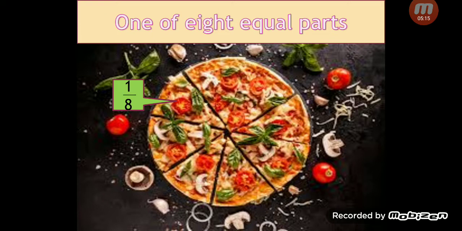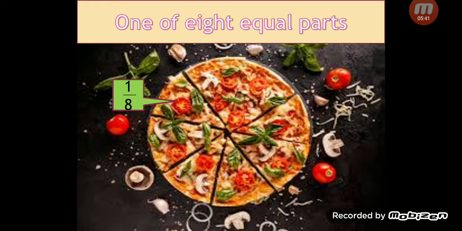Okay, I will not eat the whole pizza. Now I have divided my pizza into 8 equal parts and I will eat only one part out of these 8 equal parts. So what fraction will I eat? I will eat 1 by 8 of this whole pizza.